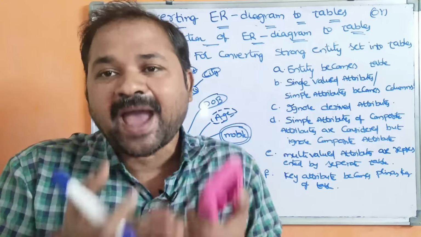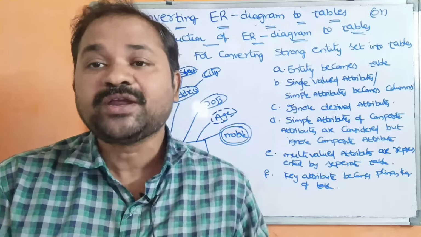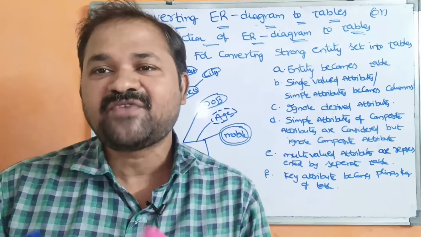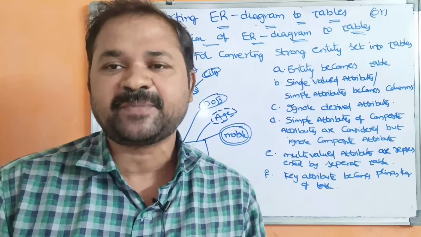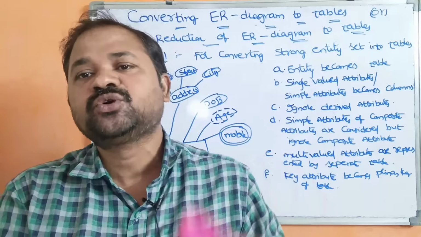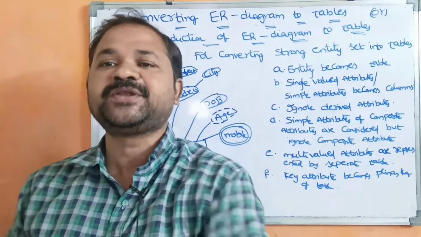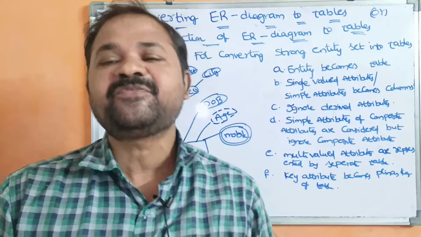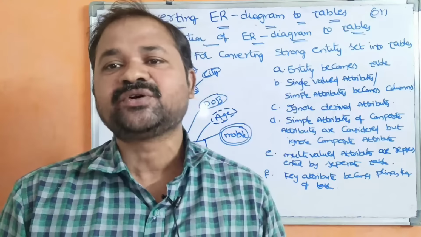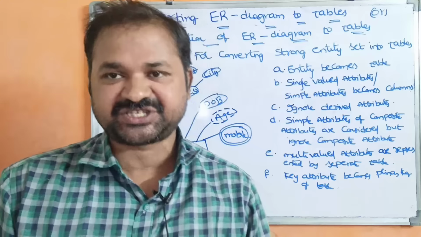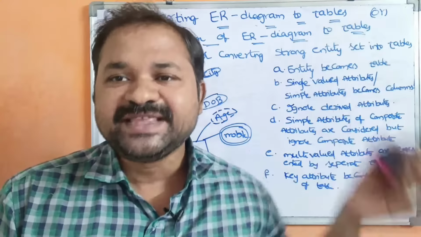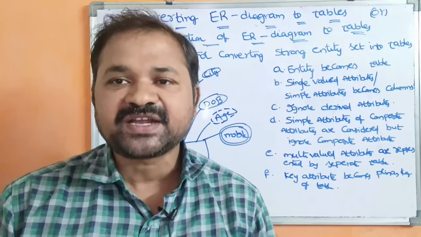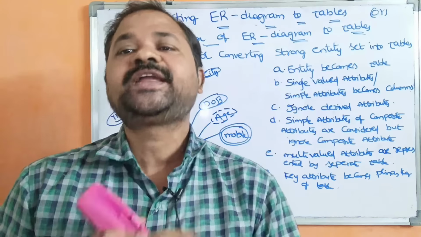If a binary relationship has a cardinality ratio like 1 to 1, 1 to many, many to 1, many to many mappings, then how are we going to translate that relationship into a table? And the last one is for binary relationships with cardinality ratio and participation constraints. By following these 5 rules, we can convert any ER diagram into tables.